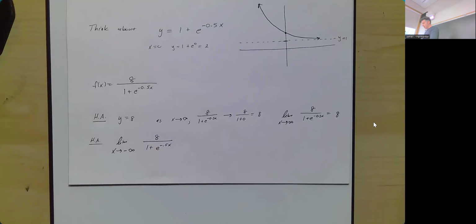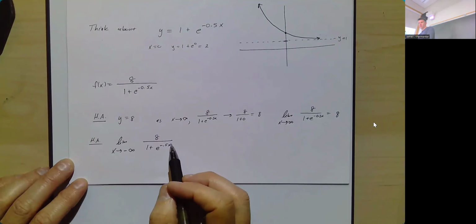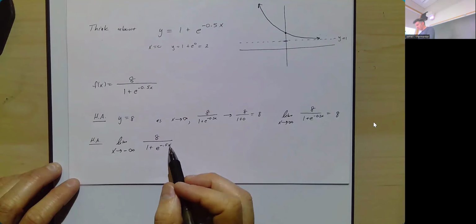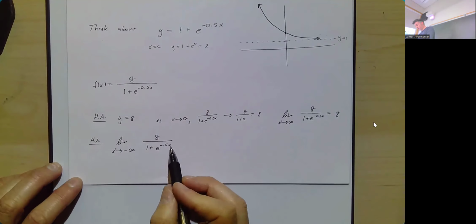Okay, so now the question is, is the exponent here really, really positive or really, really negative? Well, it's negative 0.5 times something that's getting negatively big. So my exponent here is actually really, really positive.